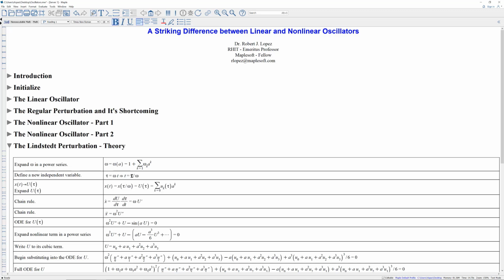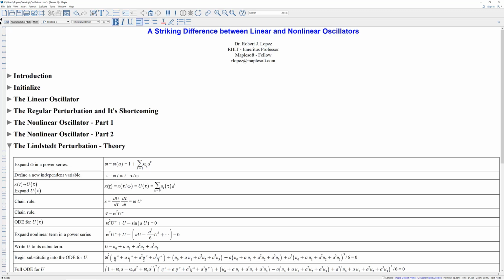So t is tau over omega. X of t will therefore become a function of tau, and I will call that function of tau by the name u. And then we expand u of tau in a series with respect to a.